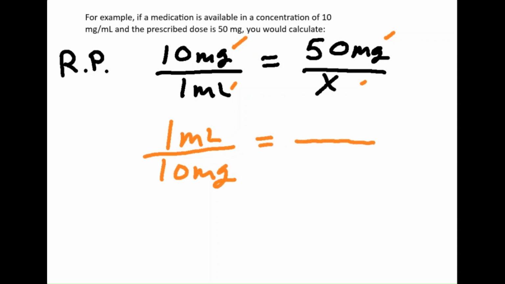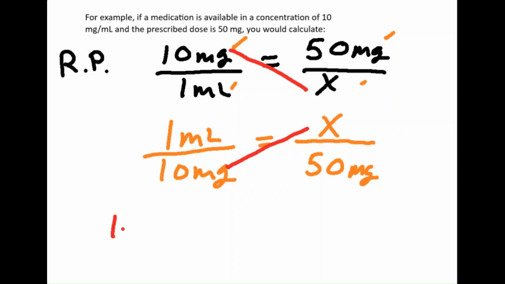Just on the other side, I would have to put my X at the top, right, for milliliters, and my 50 milligrams here at the bottom. Either way, you are going to be cross multiplying 10 times X, which equals 10X, and 1 times 50. See, doesn't matter how you set it up. As long as the other side matches, your units match, you should be okay.